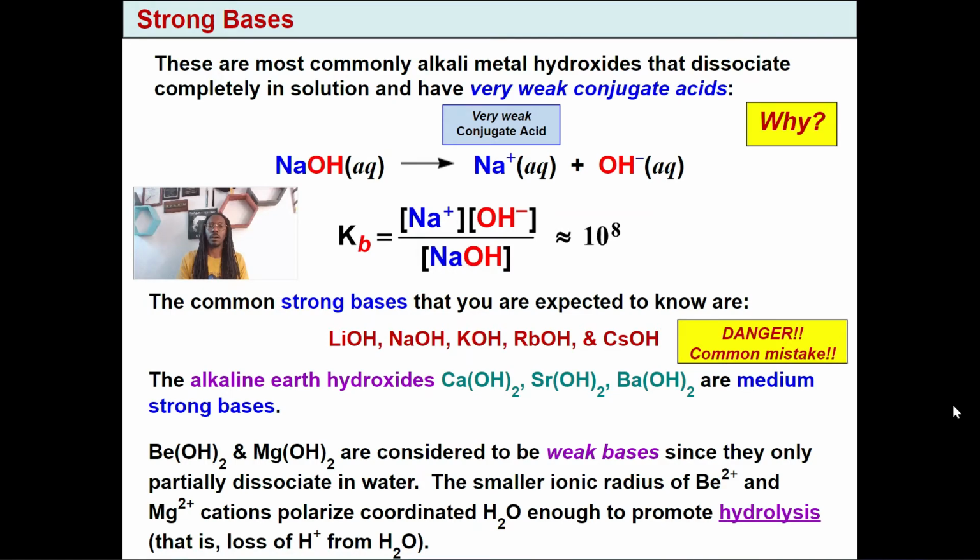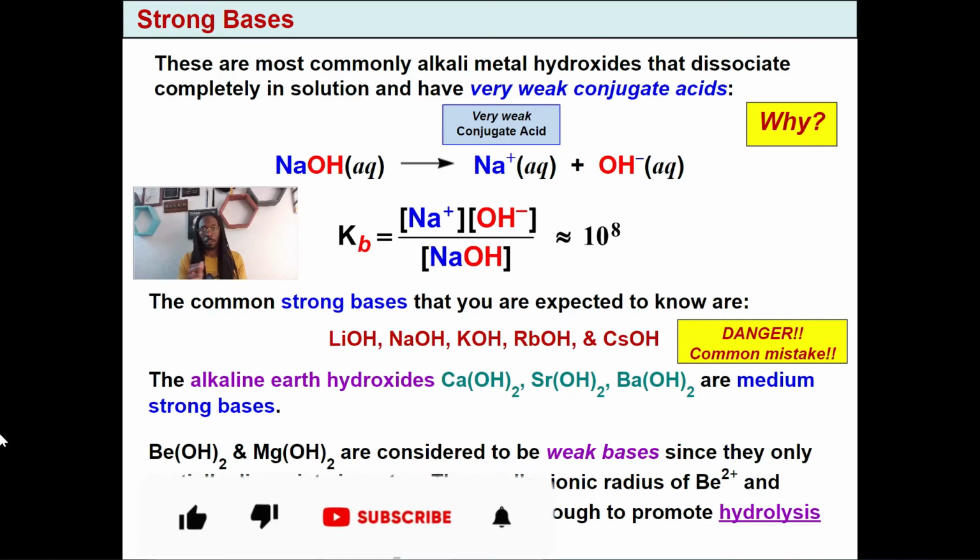They're actually, so beryllium or magnesium, those top two in the alkaline earth metals, are going to be weak bases. They are partially dissociating in water, and the beryllium and magnesium cations also have a smaller ionic radius.